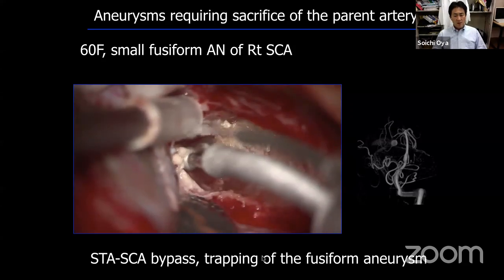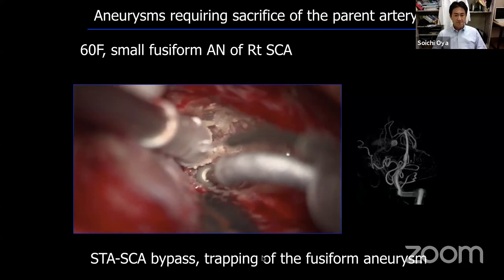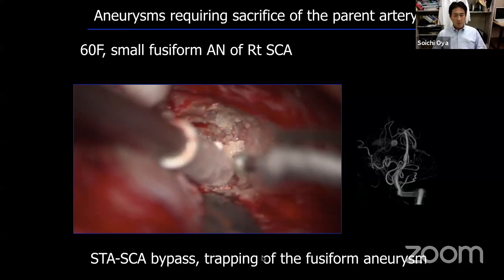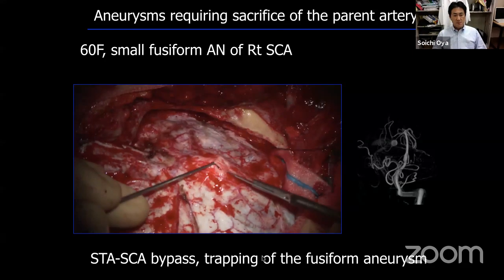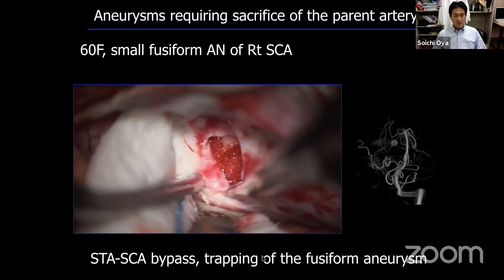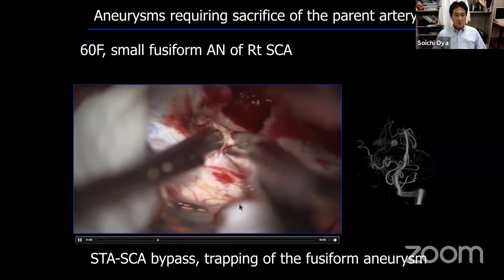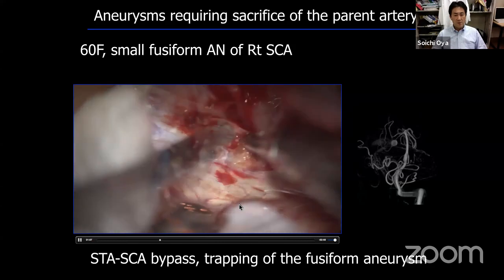When I complete about 80 or 90% of the drilling procedure, I open the dura covering the temporal lobe. And using the space I have already created, I cut the tentorium.